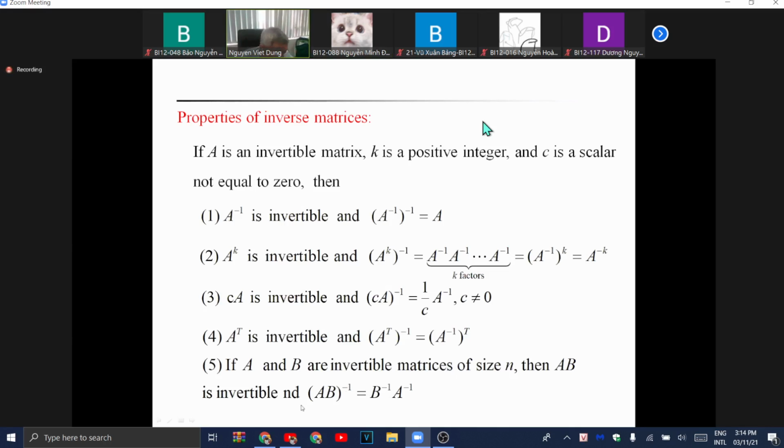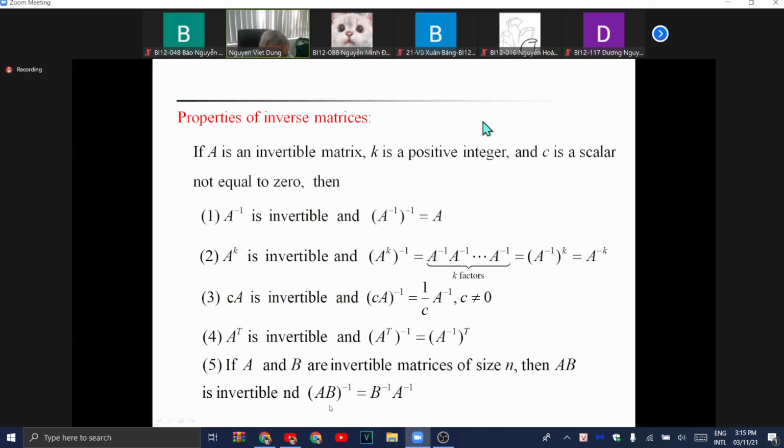Property number 5 says that A and B are invertible matrices of the same size n. Then the product AB is also invertible, and we have (AB) inverse equals B inverse multiplied by A inverse.